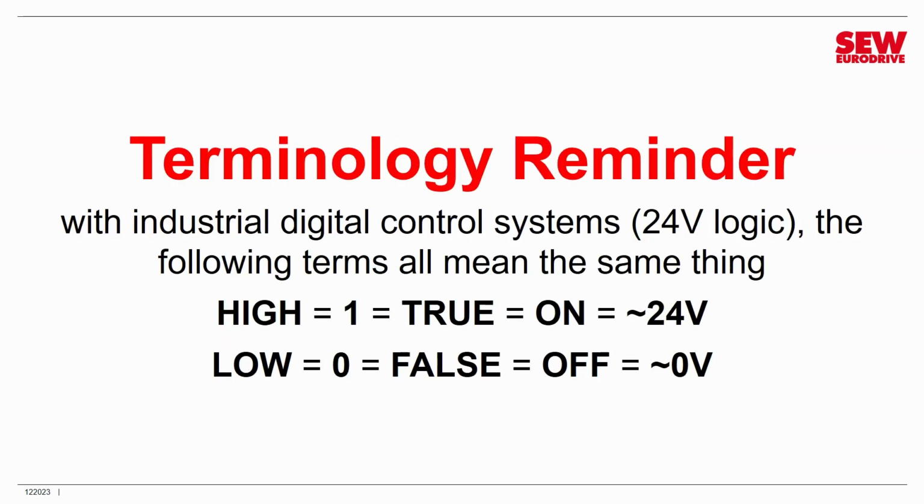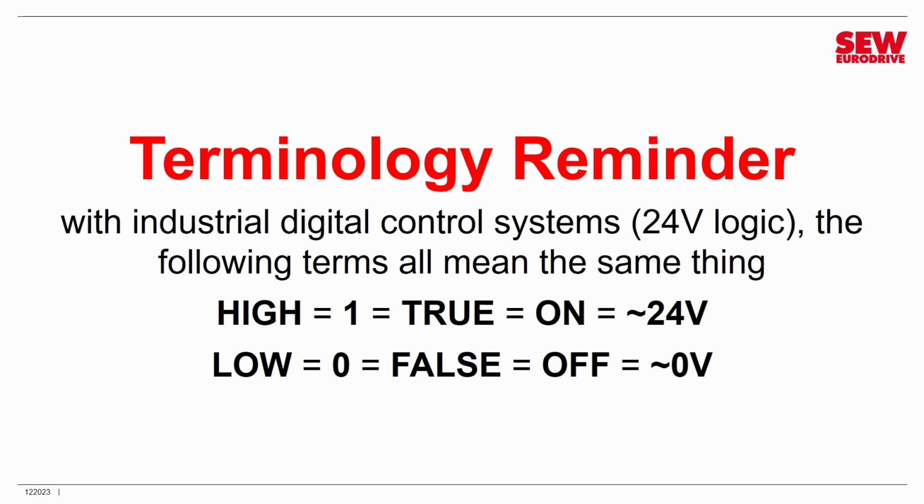Now let's do a quick terminology reminder here. With industrial digital control systems, in other words, what's commonly called 24-volt logic, the following terms mean exactly the same thing. A high, a 1, a true, or an on is equivalent to approximately a 24-volt signal going into the device or coming out of it.